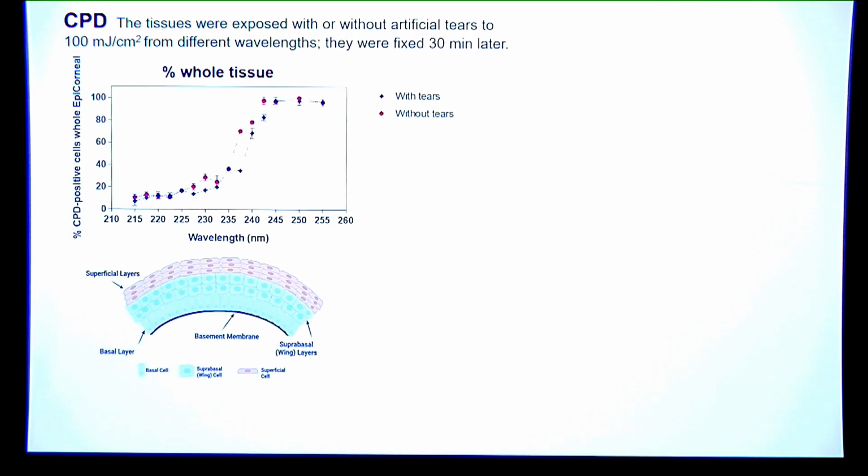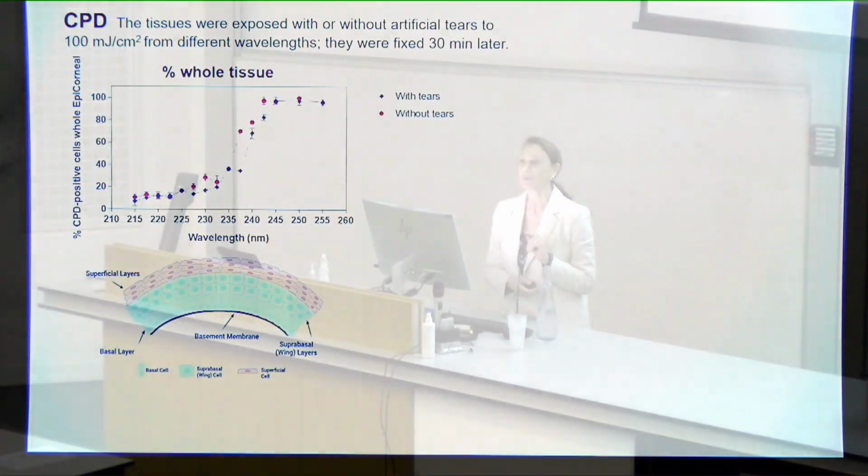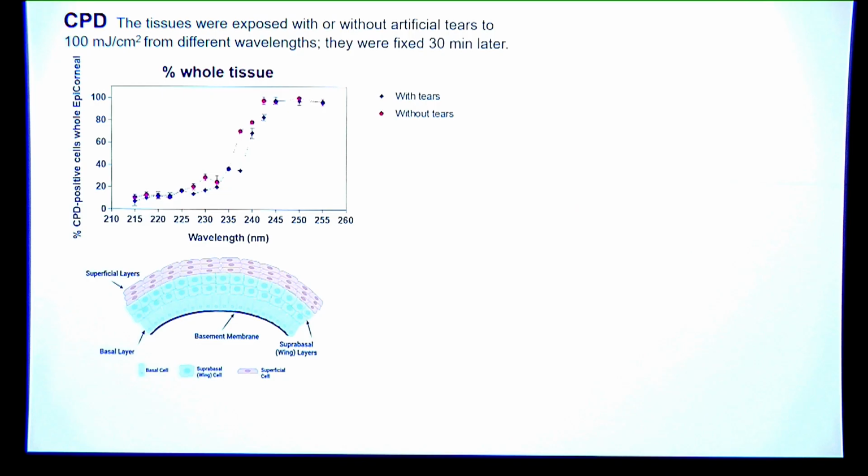As you can see, just by looking at the red curve, it seems that in terms of CPD formation, tears don't do much. However, let me point out that those are artificial tears. We used just water with PBS with some BSA, let's say a bunch of proteins.